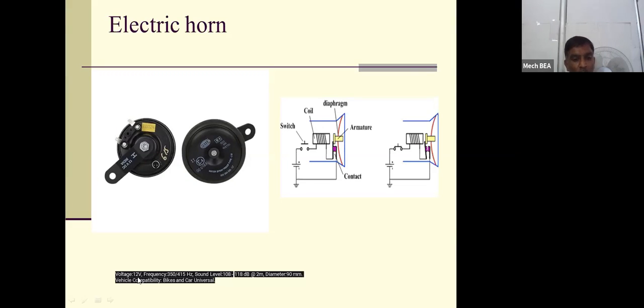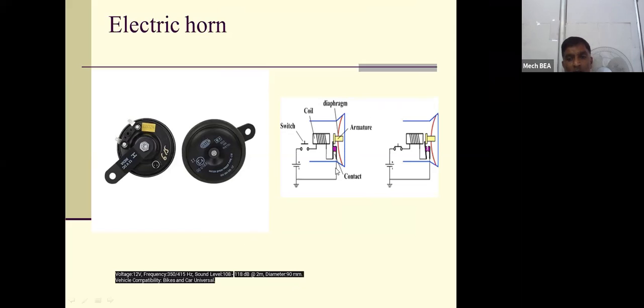It is operated on 12 volts. The frequency is 350 to 415 hertz. Sound level 108 to 118 decibel, and it has a 90 mm diameter. So this can be used for a bike as well as a car.